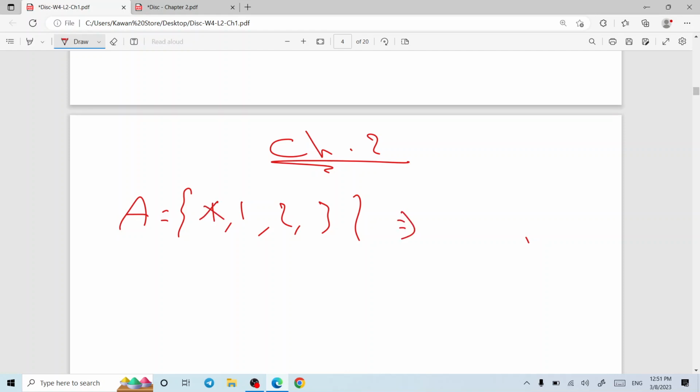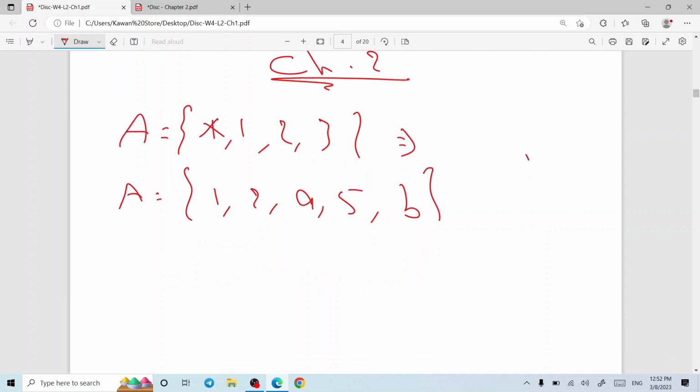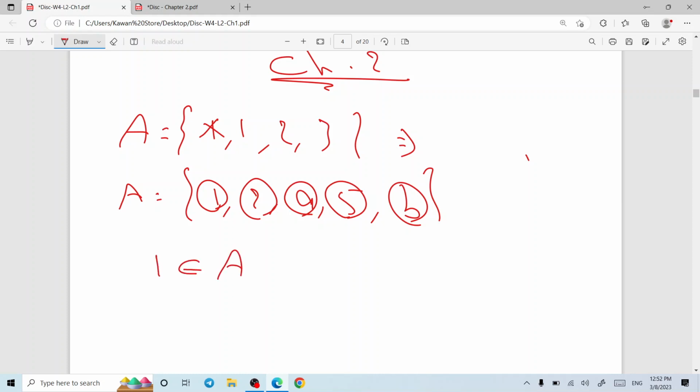So you have A equal to {1, 2, a, 5, b}. It's a collection of different objects, members. Each item is called an element or member. So I can say 1 belongs to A. This symbol means belongs, means member.